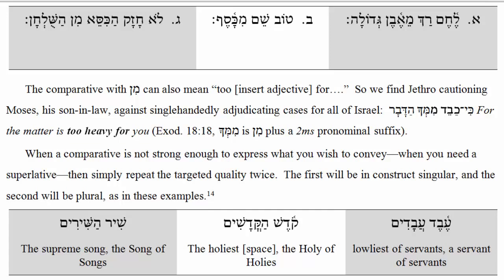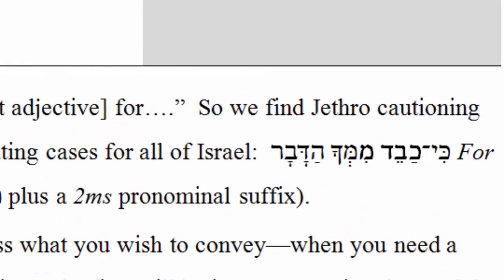He's going to be saying that the matter is too heavy for you, excessively heavy for you. That is achieved in Hebrew by using the preposition min together with an adjective. Ki chaved mimcha hadavar.